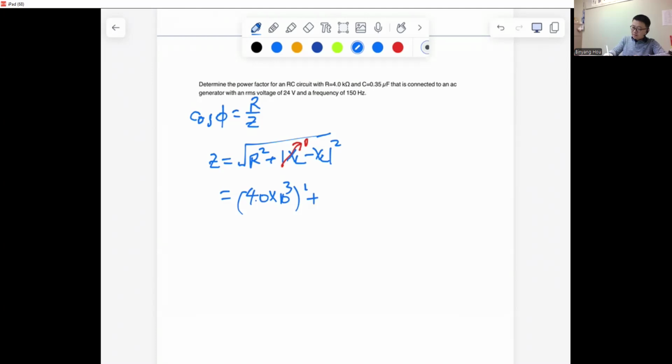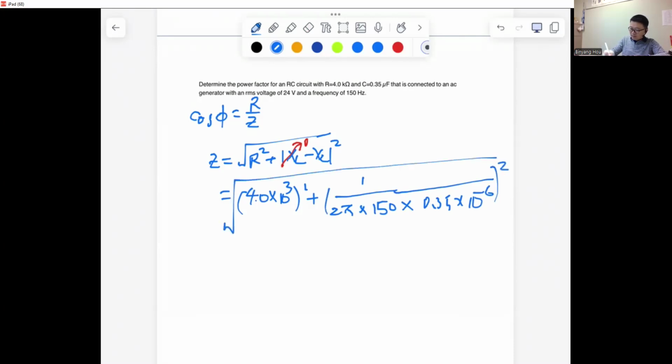XC is 1 over 2 pi f, with 150 hertz, times 0.35 times 10 to the minus 6. All these are under the denominator, and we want to square that and take the square root of the whole thing.